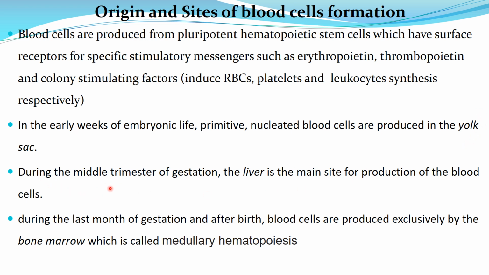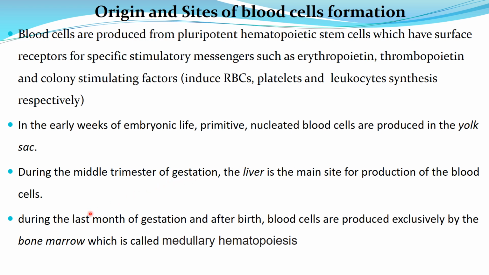During the middle trimester of gestation, as you know, in humans there are three trimesters of gestation. In the middle trimester, the liver becomes the main site for hematopoiesis, so the liver is responsible for the production of blood cells.